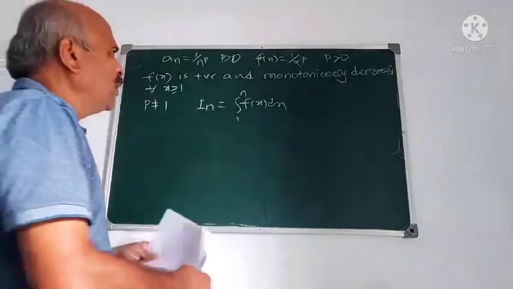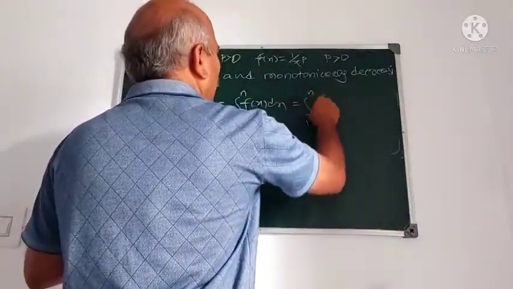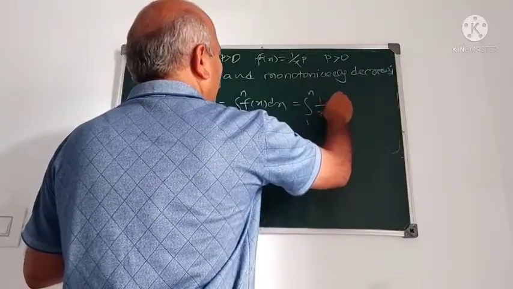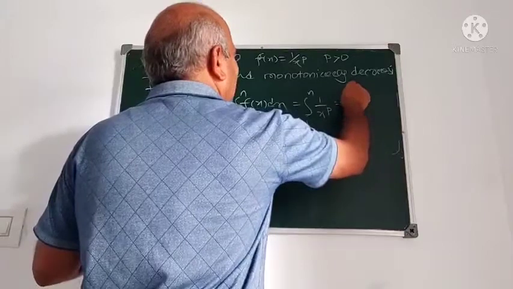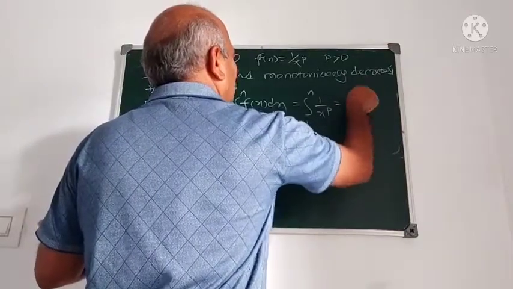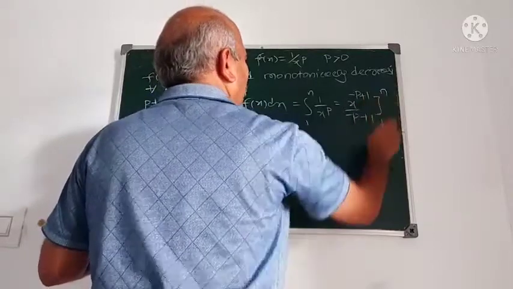If as n tends to infinity this exists, then we say that this converges. So I_n is the integral from 1 to n of f(x) dx, with p not equal to 1, then it is the integral from 1 to n of 1 upon x raised to p, which is x raised to minus p plus 1 by minus p plus 1 from 1 to n.